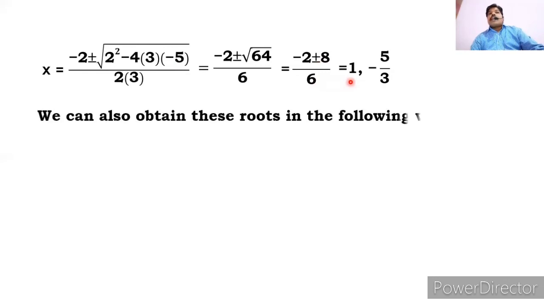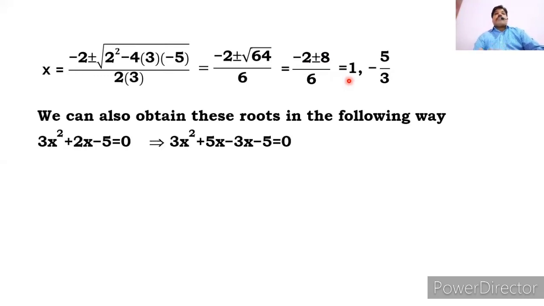So we can also obtain these roots in the following way. See that 3x square plus 2x minus 5 is equal to 0. The same question, I am taking the factorization. So 2x I can write as 5x minus 3x.